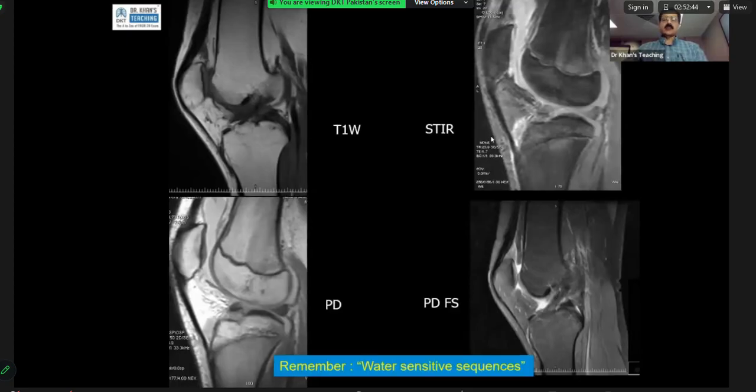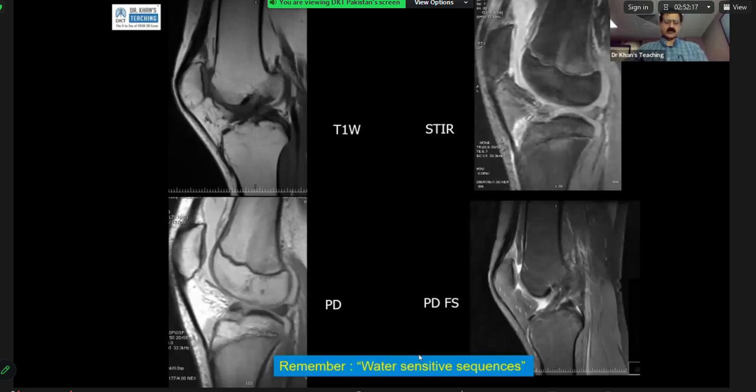In the exam, please remember that it is very difficult for you to say that this is stir and this is PD fat saturated. I'm not showing you, but I can also do a T2 fat saturated. T2 fat saturated is now out of fashion in the UK particularly. So it's a good idea to have this term in your vocabulary: water sensitive sequence.